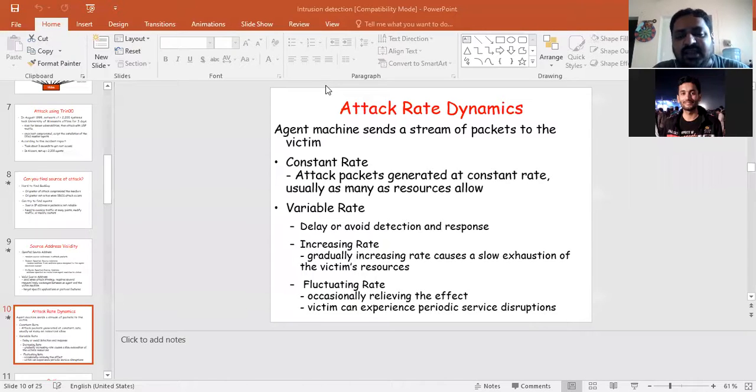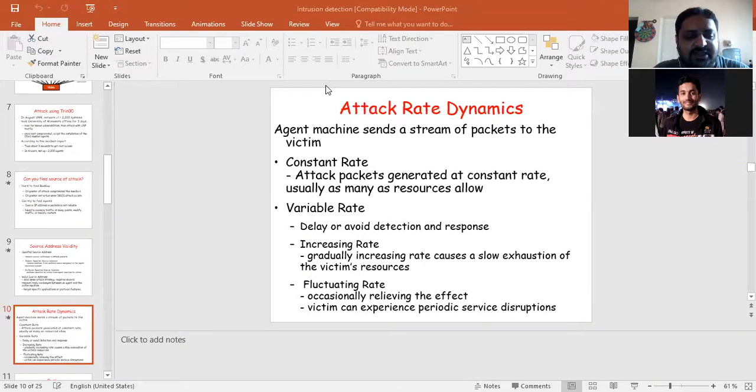So in this way, an attacker can apply different variations to apply different types of attacks, or it can constantly apply the same strain, or increase the damage, or decrease the damage.